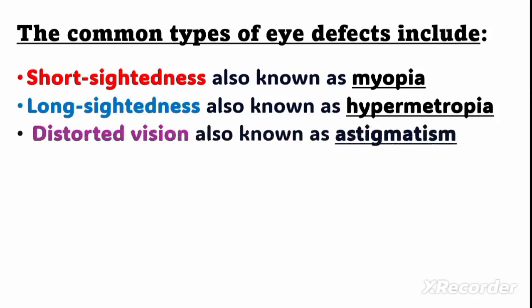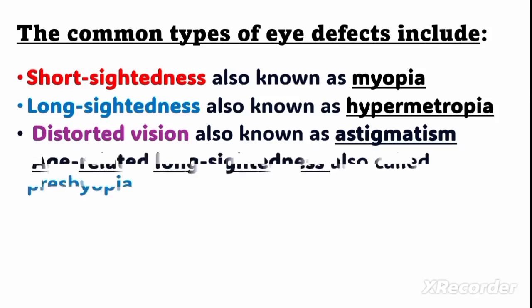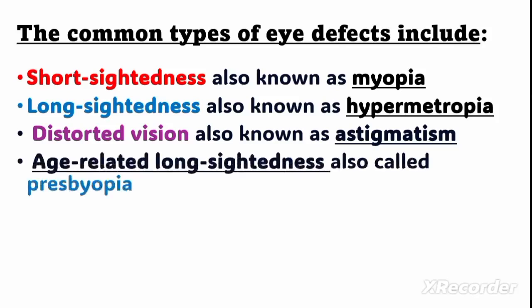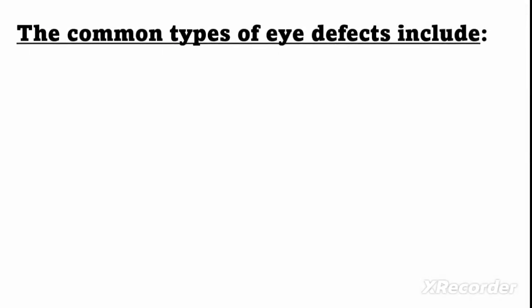The third one, we are going to look at distorted vision, also called astigmatism. The last one, we are also going to look at the age-related long-sightedness, also called presbyopia. So these are eye defects we are going to look at in this video.